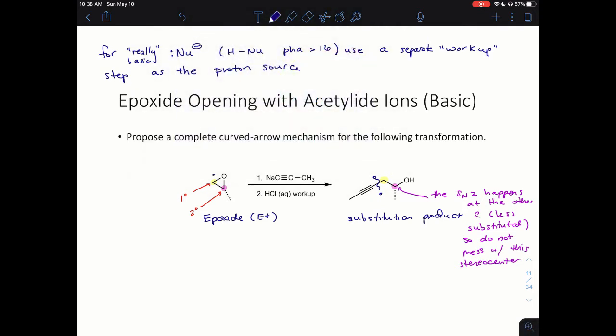We can see that this bond is broken, so it's not here anymore. That makes sense because this reaction proceeds by an SN2 mechanism, and the primary carbon is more reactive to SN2. It is easier. There's a lower activation barrier for the nucleophile to get into that carbon and attack. And then we notice that this is a chiral epoxide.